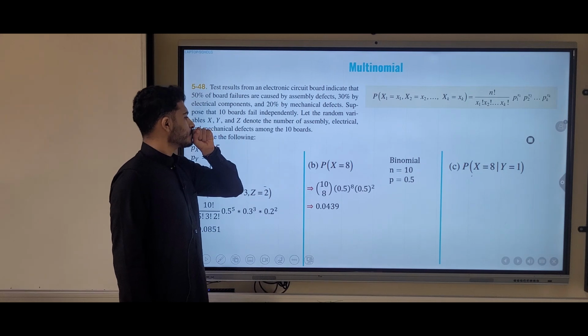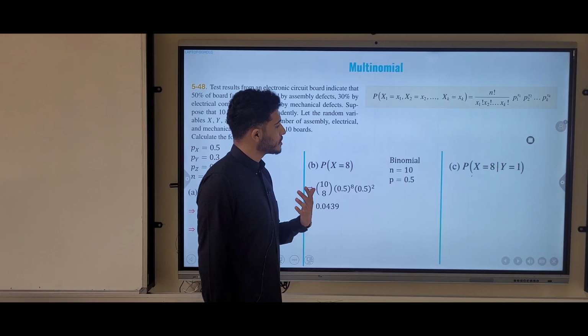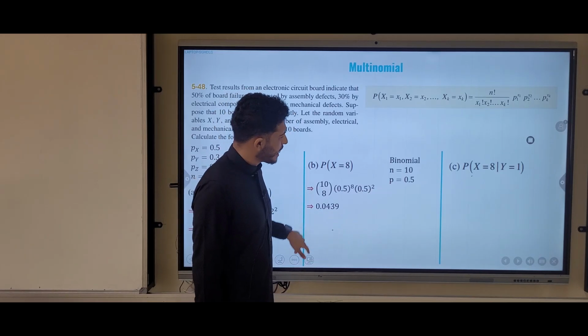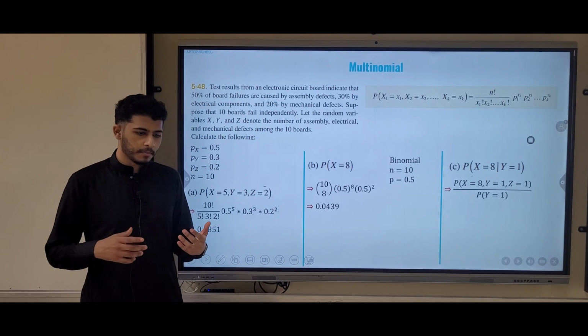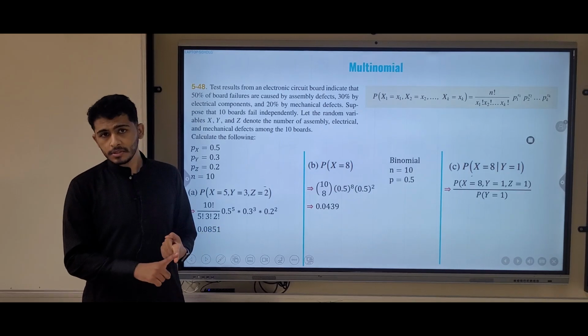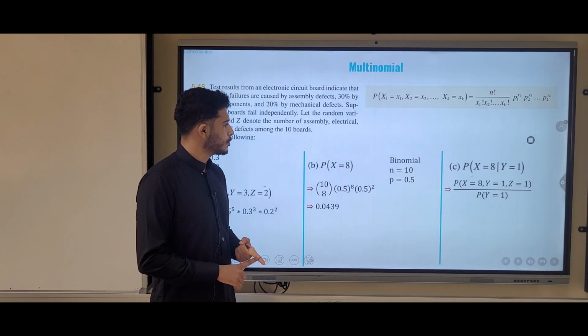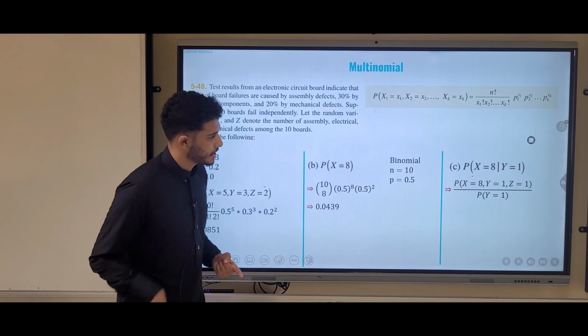Next one, probability of capital X equals 8, given that Y equals 1. Okay, so with this, we can basically solve it as a conditional probability, where we have to find the intersection between these two events first, or the joint probability of them, then divide it by the given one. But pay attention to something.